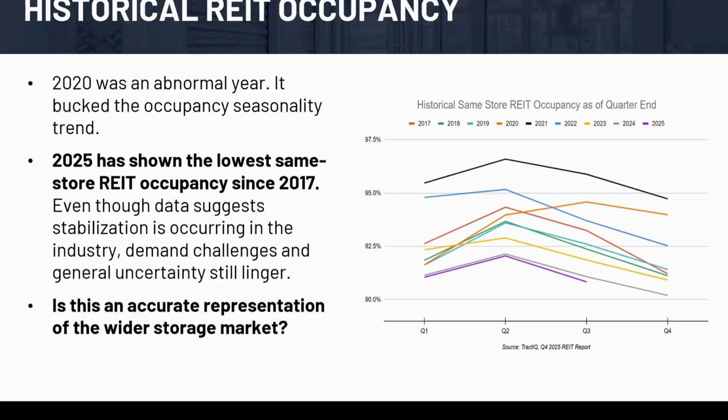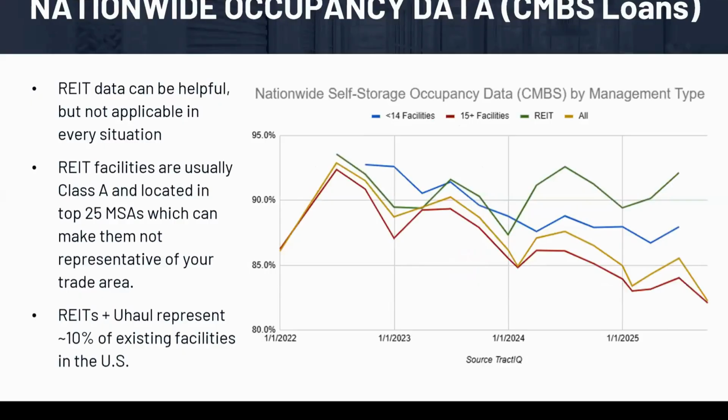Why don't we go to the next slide? This next slide is the first time we're sharing this nationwide level data. This is something we released last week, where at TractIQ we now track more than 4,000 facilities across the US that have CMBS loans and report their occupancy data to their lenders, which gets filed with the SEC.